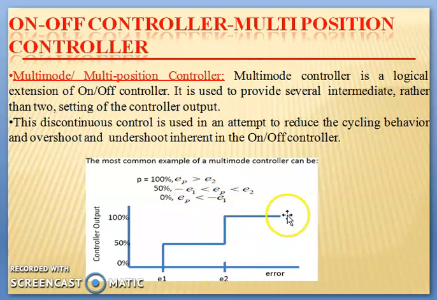If it lies between minus E1 and E2, then the value of P would be 50%. And if the error is less than E1, it is 0%. So this is called a multi-mode controller.